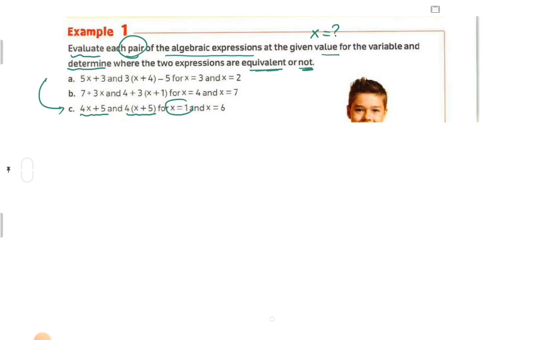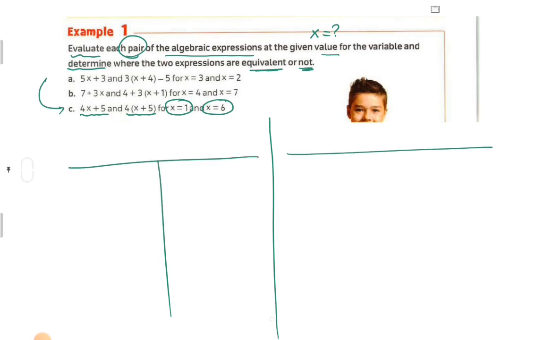He gave me two values for x, two trials. First trial, number 1, for x equal 1, trial number 2, for x equal 6.